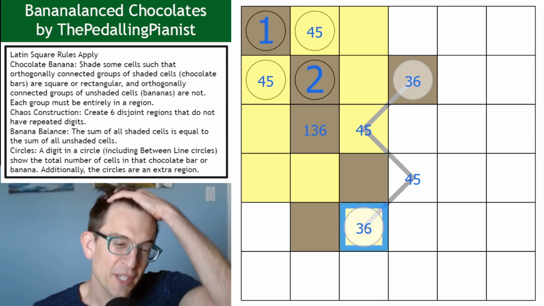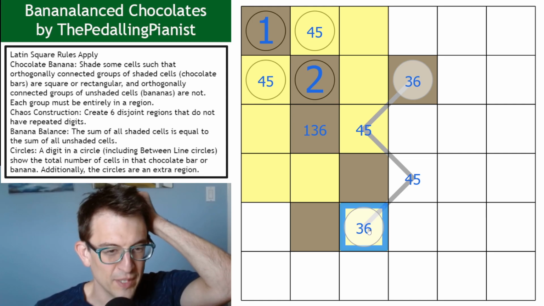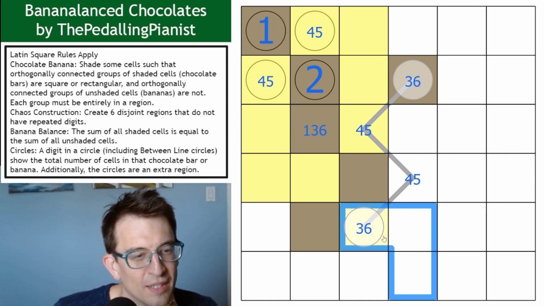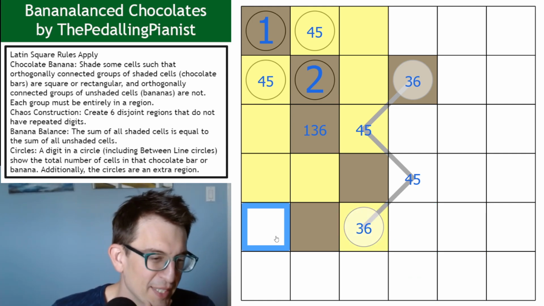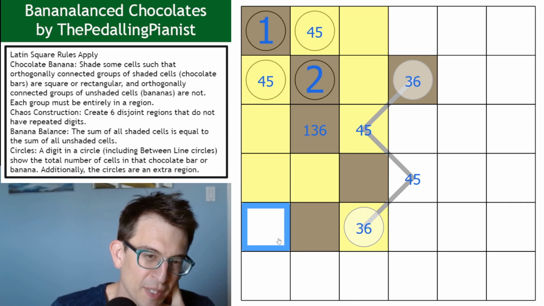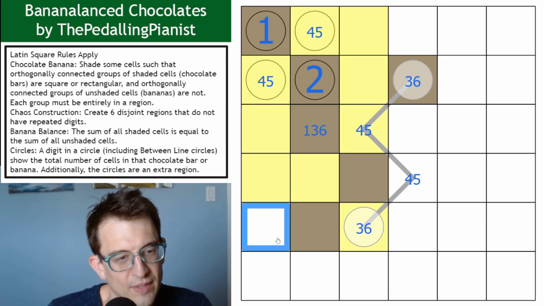I don't know. Could this be a 3 banana? Maybe that's hard. How would I do a 3 banana? It would have to be something like this, which would probably break. I don't know. Maybe it's this cell. Can this be banana? If this is banana, then that's it.